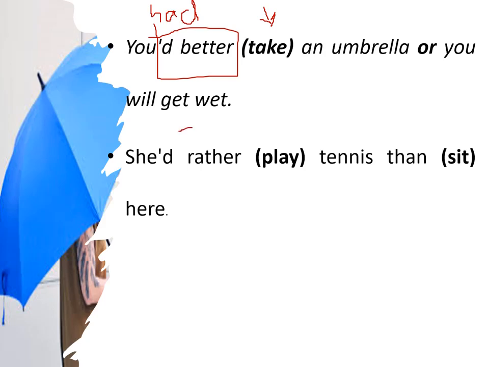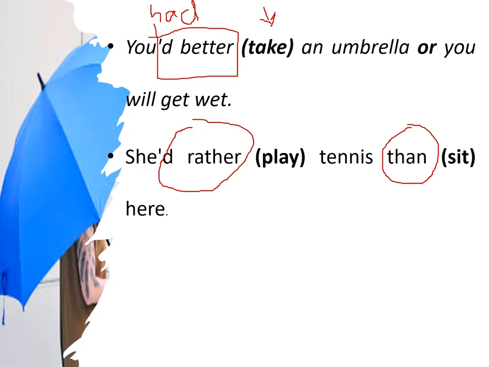Would rather, she would rather, and then another conjunction than.